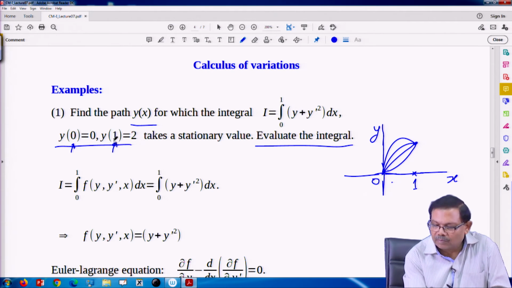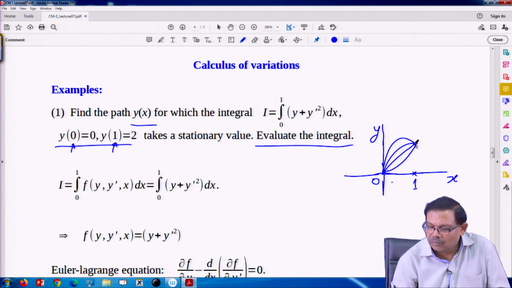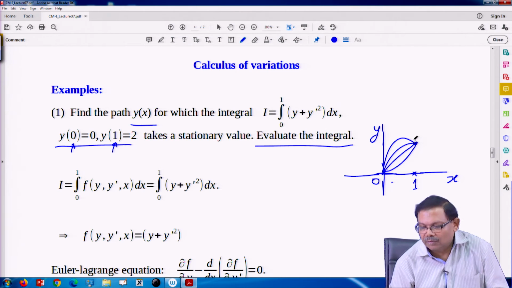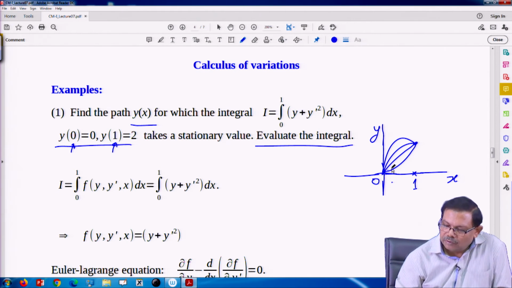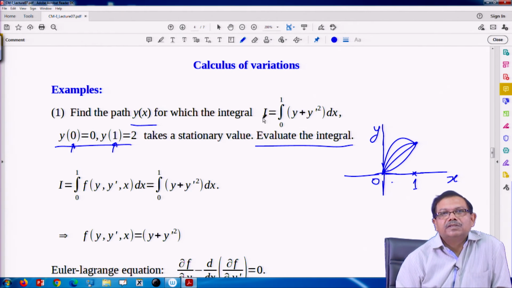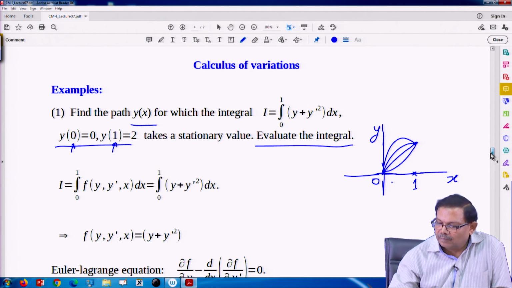So, these are the 2 points all the curves have to pass through. So, which is the curve for which this integral has a stationary value, and what is the stationary value? That is our problem.